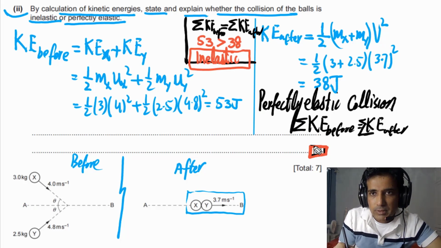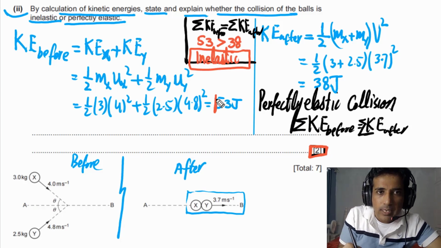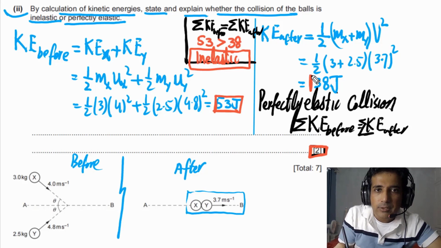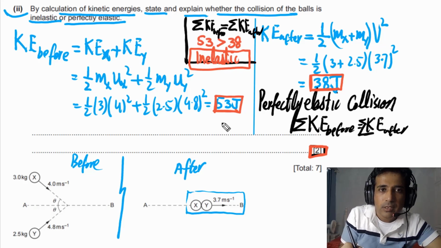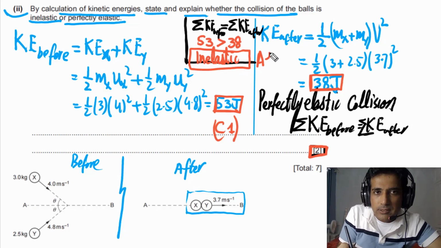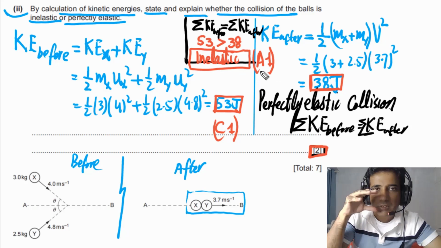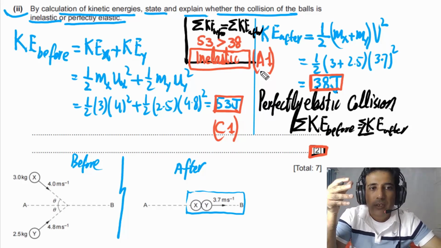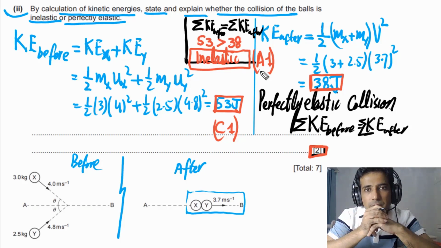You will get 1 mark, the C mark, if you have the right value of initial kinetic energy and the right value of final kinetic energy. You will get the second mark, the answer mark, if you have written that this collision is inelastic. So this is how marks will be awarded for this question.